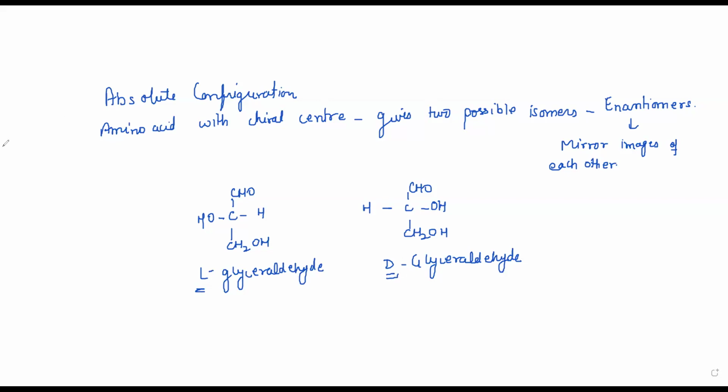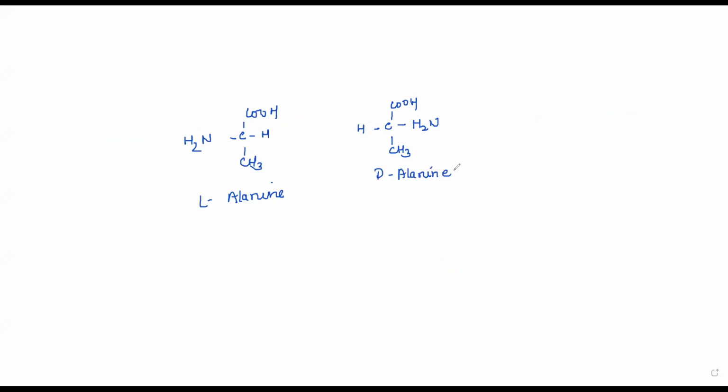I'll give one more example of these enantiomers. Alanine, this is L-alanine, and then we have dextroalanine. So these are two enantiomers.